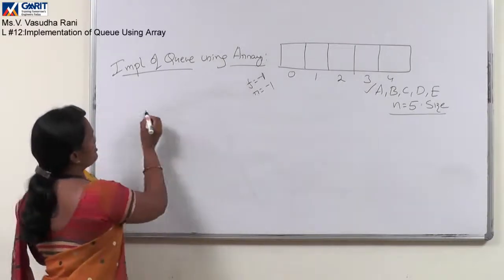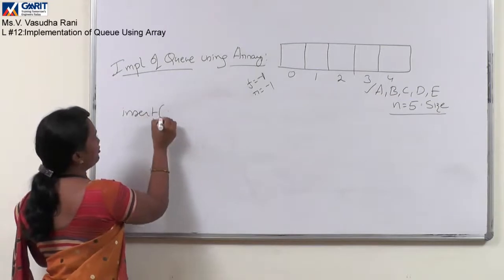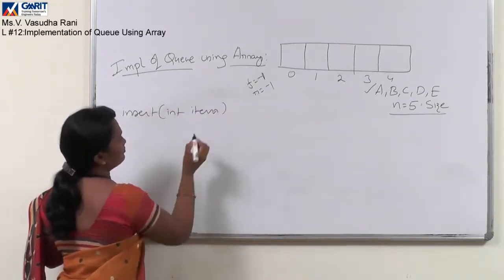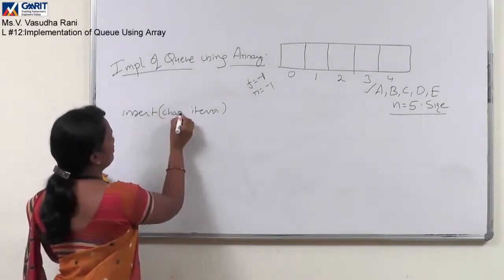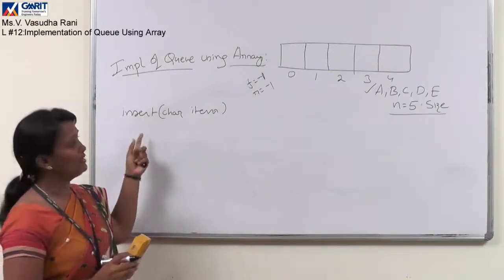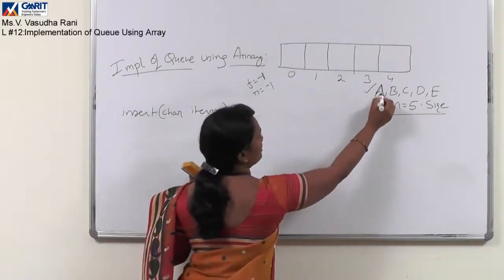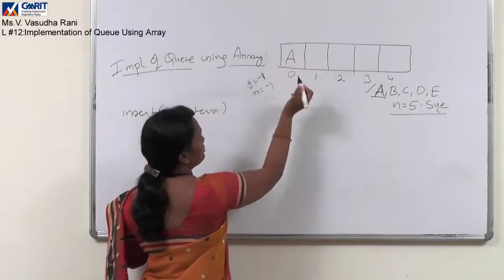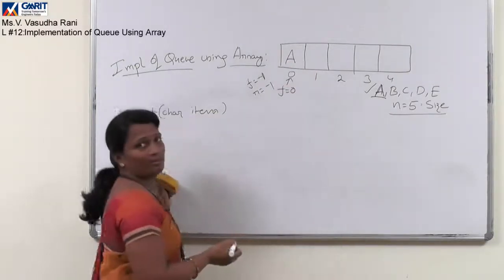Okay, so to write the code for the queue insert operation, here we have already seen that the first element is inserted at the 0th location, making the front 0, referring to this.